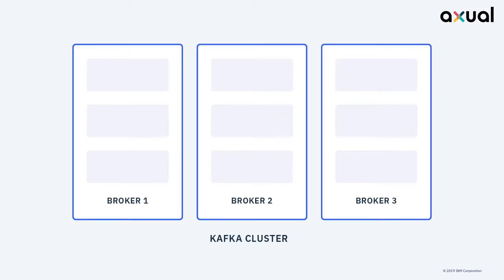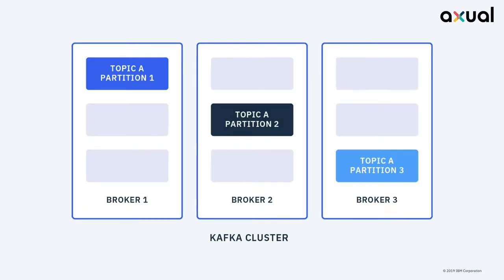And generally, you'll start with at least 3. And the brokers are your individual machines that are running Kafka. And we'll see in a minute why it's important to have 3. So these are the central piece of our Kafka infrastructure that we're going to have to start thinking about running on top of Kubernetes.